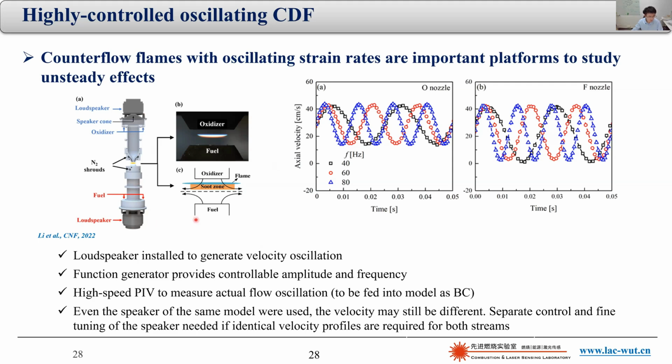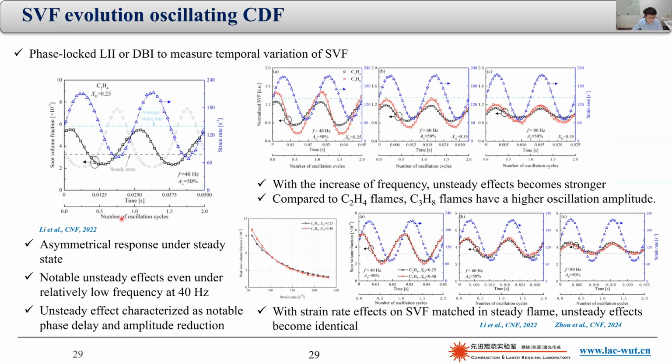And the driving voltage of the loudspeaker was provided with a controlled frequency and amplitude, to generate this type of oscillation in the axial velocity profile. So we can adjust the frequency and the amplitude to see the response of soot volume fraction.